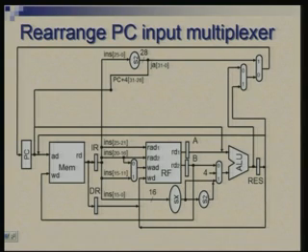So, we have multiplexers already there which are feeding the program counter. What I will do is I will just collapse them into a 3 input, 1 output multiplexer, which appears simpler, and physically just bring it out here.